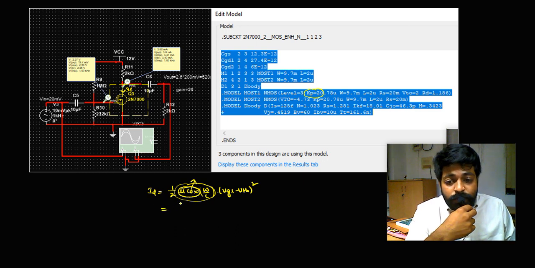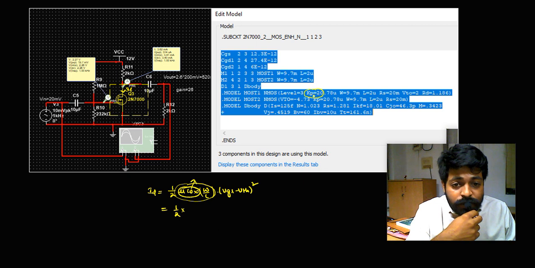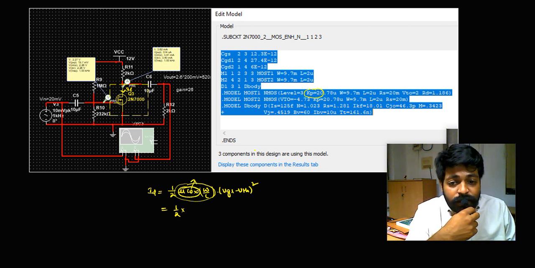Now I will be calculating the current again over here. The μ value and Cox value are combinedly given as KP. This value called KP is given around 20.7 micro, into the W value, which is also given, and the L value, which is also given.